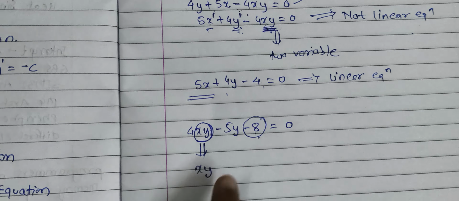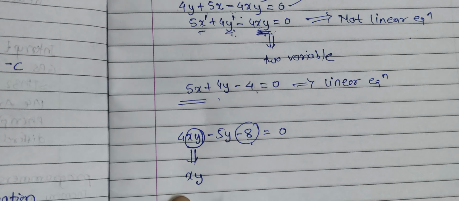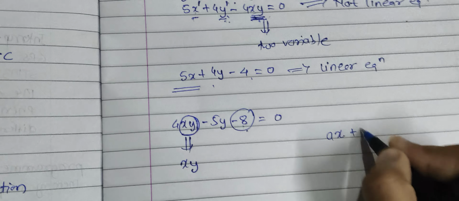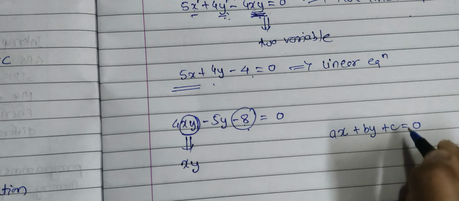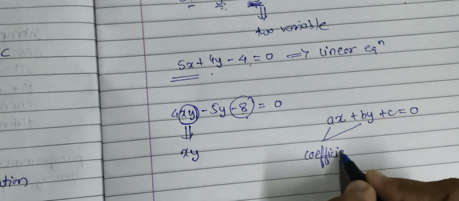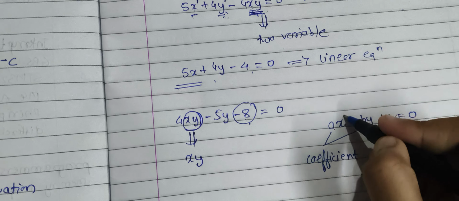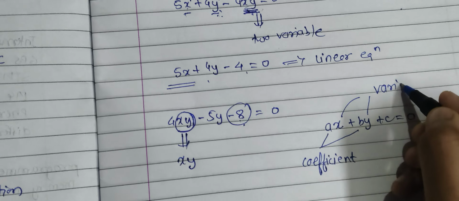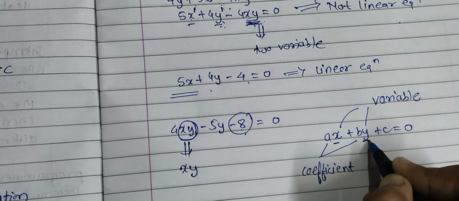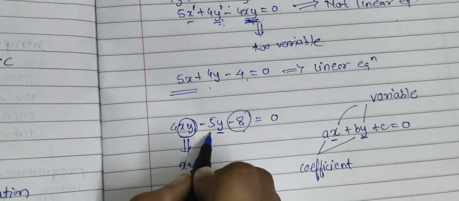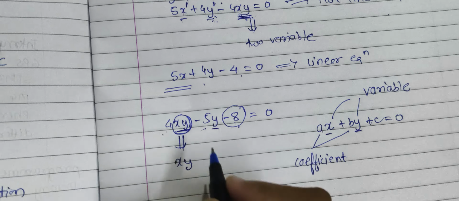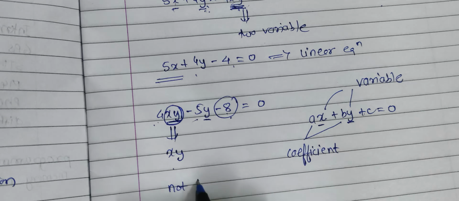As per our definition, the general form is ax plus by plus c equal to 0. So this a and b are coefficients, and a and b only have one variable. So there is only one variable with a and only one variable with b. Over here there is only one variable with 5, but there are two variables x and y with 4. So that's why it is not a linear equation.